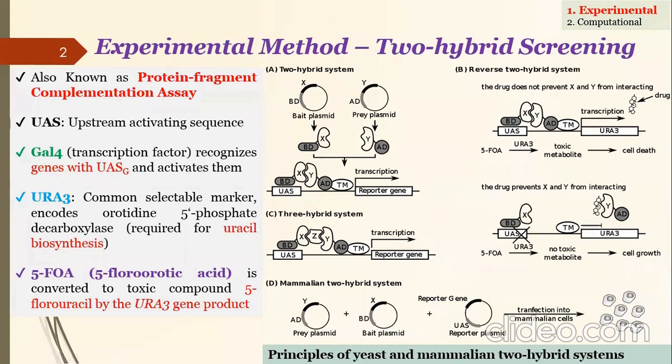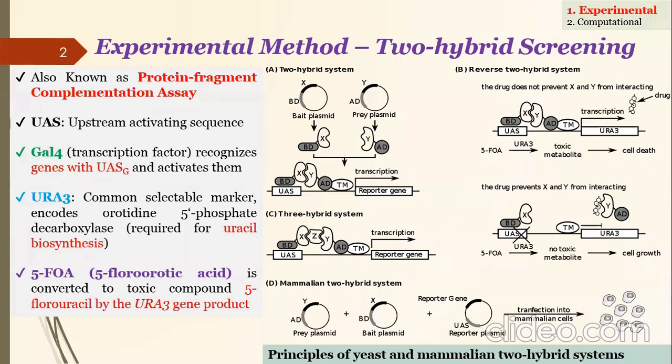The first method is two hybrid screening. In two hybrid screening, the proteins are made hybrid: they are divided into two parts, and if the two parts interact, we determine that the two proteins actually interact. Going into detail, we have to know a few things.